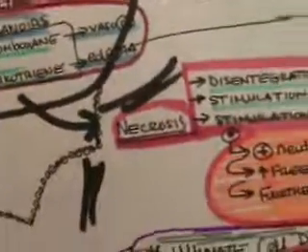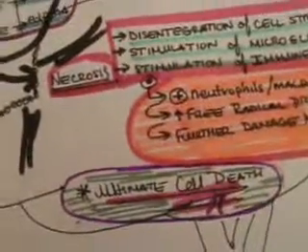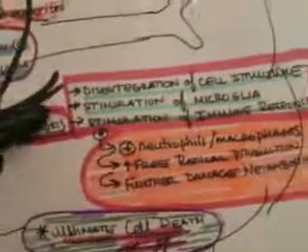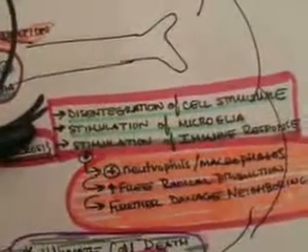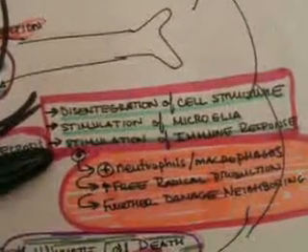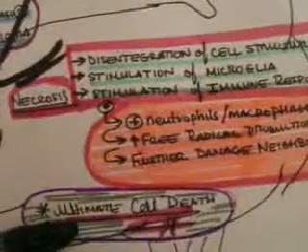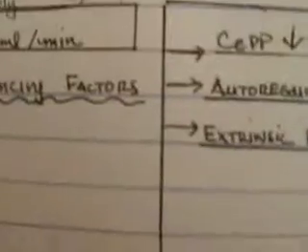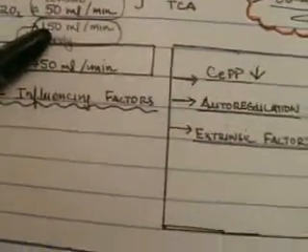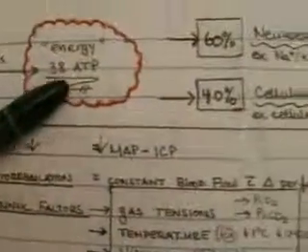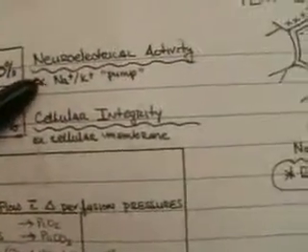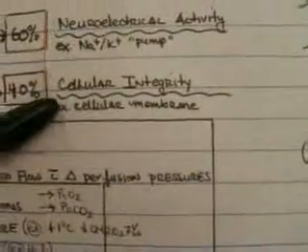So ultimately, a necrotic process is going to take place that leads to ultimate cell death through the disintegration of the cell structure, stimulation of the immune response, and all the leading processes that ultimately lead to cell death. So this is the process that we mentioned before, that as the cerebral blood flow declines and no longer meets the oxygen demand, you're no longer going to produce the ATP that's required to maintain the cellular neuroelectrical activity and to maintain the cellular integrity.